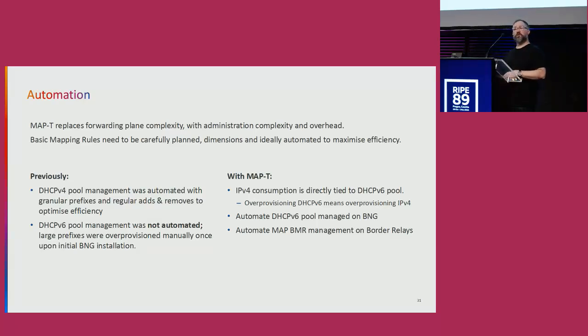But then in v6, we just threw a massive, large IPv6 prefix into the DHCPv6 pool, enough to satisfy the whole scale of the BNG, and then we didn't have to worry about automation. If we were to do that with MAP-T, then that large IPv6 prefix would consume a whole bunch of IPv4 that we don't necessarily want to waste. So automation is important for MAP-T these days.